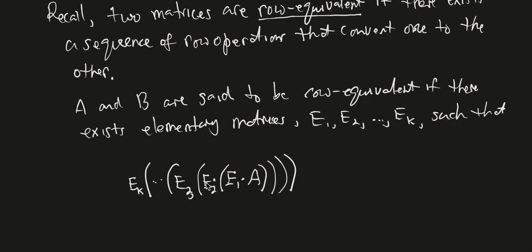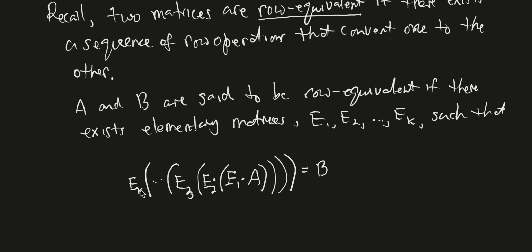And then again, these are all matrices that are being multiplied in a particular order, and we can't really just switch the order of multiplication, because in general, matrix multiplication is not commutative. But at the end of that, we're going to end up with matrix B. So then this is going to be equal to B, right?